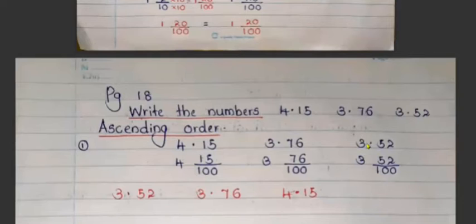So this is the smallest number. So you have to write first 3.52. Second 3.76. At last 4.15. Right.